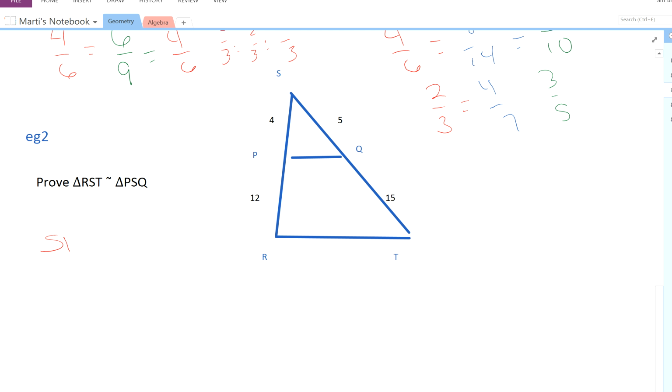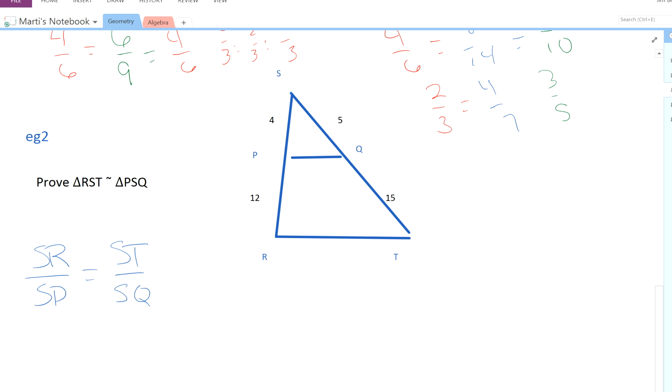Let's go back to the blue. Is SR over SP equal to ST over SQ?